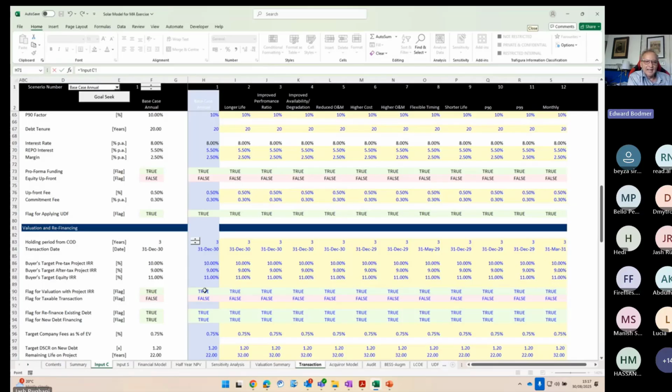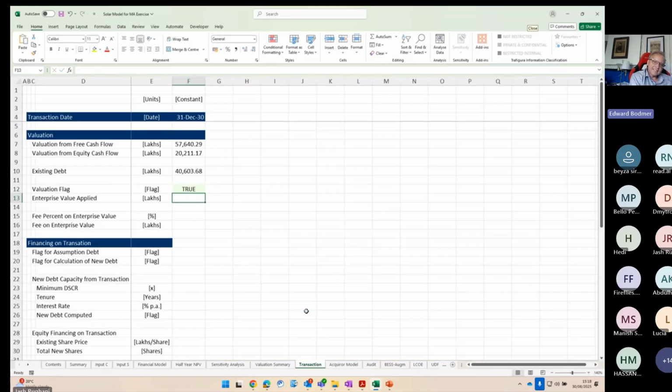Click on that, the true. The next input I put is for taxes. It could be a taxable transaction. If it's a taxable transaction, the seller has to pay a gain on the sale, and the buyer gets to write up the value. That's the simplest way to think about it. If you're just buying shares and it's not a taxable transaction, there are no taxes. It's always better to have non-taxable.